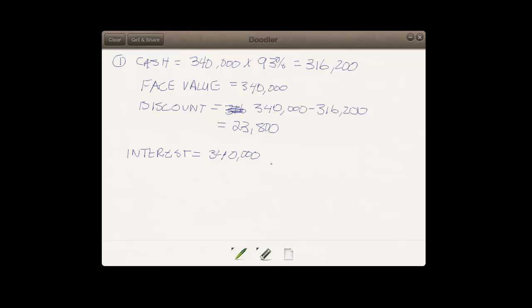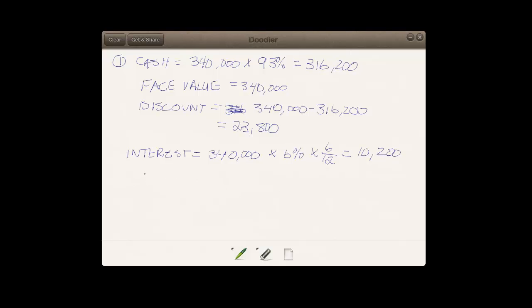They tell us the rate is 6%. Now, this is the stated rate on the bonds, 6%, times the time in terms of a year, and the time is 6/12 because we're working with 6 months. And that equals $10,200.